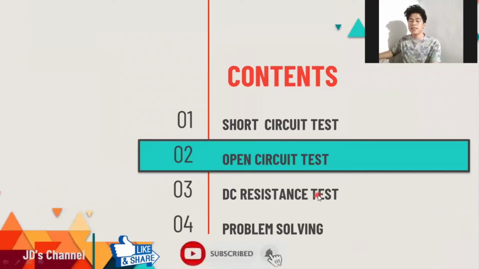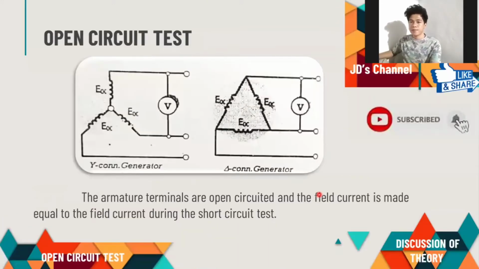The next one class is the open circuit test. So open circuit test, as you can see in the figure class, the armature terminals are open circuited, and the field current is made equal to the field current during the short circuit test.